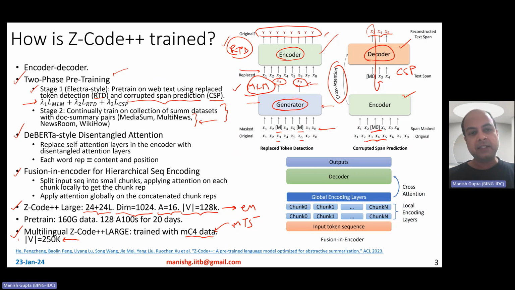Okay, so that's that. Now, the second thing, the way Z-code++ differs from the standard encoder-decoder is in DeBERTa style disentangled attention. So remember the self-attention layers? The input to the self-attention is essentially a combination of token encoding and the position encoding, token position.